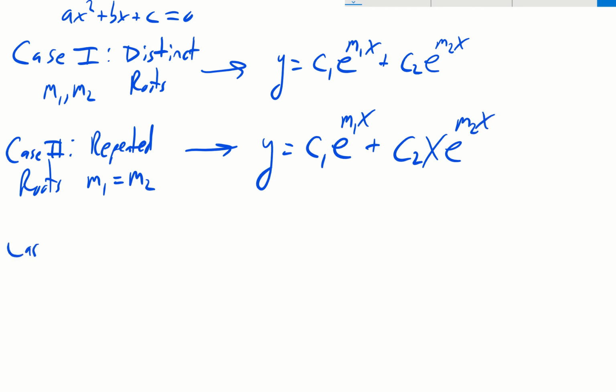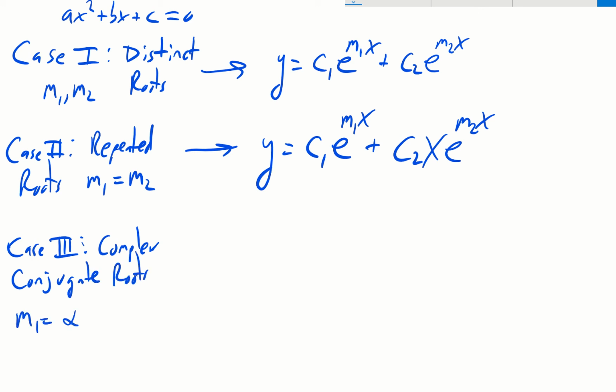And then in case 3, this is where we have complex, well, if it's complex, it has to be complex conjugate roots. So m1 would be something like alpha plus beta i. m2 then would be alpha minus beta i.